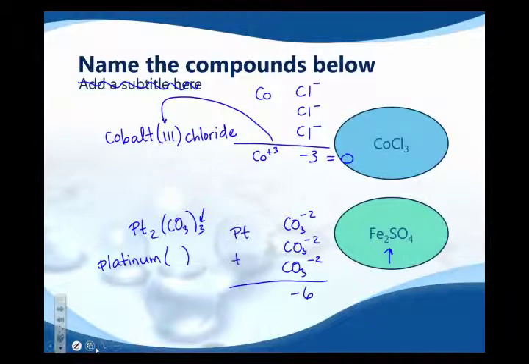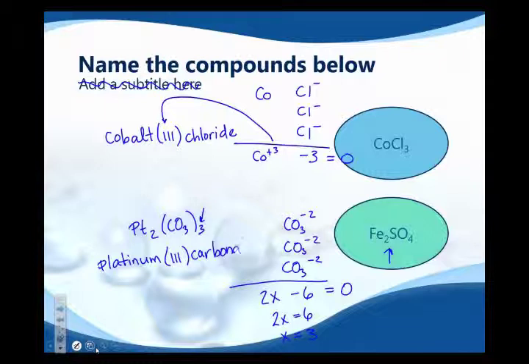I have 2 platinums, and I don't know their charges. So it's kind of like saying 2x minus 6, and we know the whole thing has to equal 0. So 2x equals 6, so x equals 3. So it's platinum(III) carbonate. And there's the name.